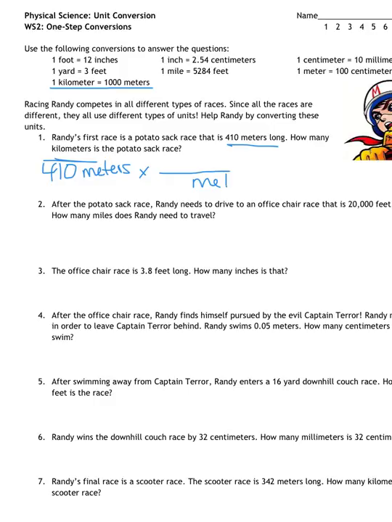So you can put meters on the bottom and kilometers, I'm going to abbreviate, on the top. And the conversion says there's 1 kilometer for every 1,000 meters. So that'll allow meters to cancel, and I'll be left with kilometers. So then that's just simple one step. 410 times 1 divided by 1,000.